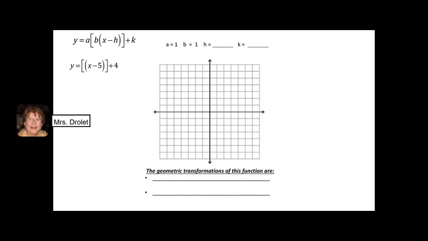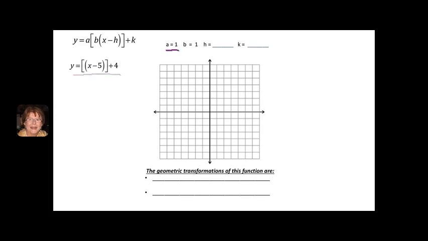So here's your first attempt in learning. At your desk, graph the greatest integer function where the rule is provided. Y is equal to the greatest integer of x minus 5, plus 4. Remember, we're only focusing on h and k in this lesson.